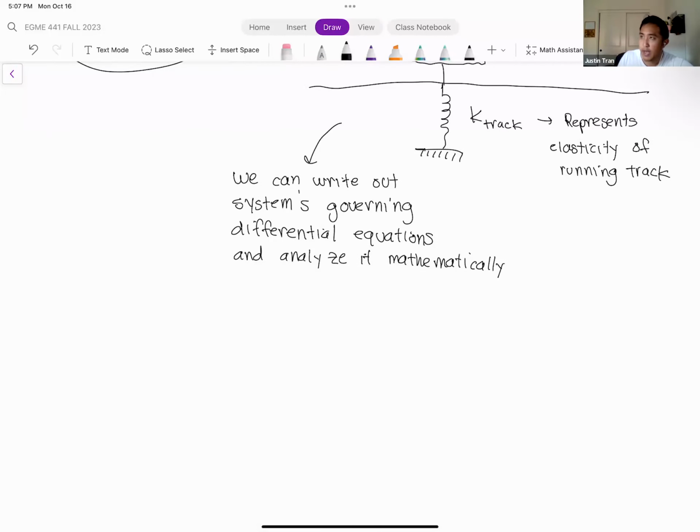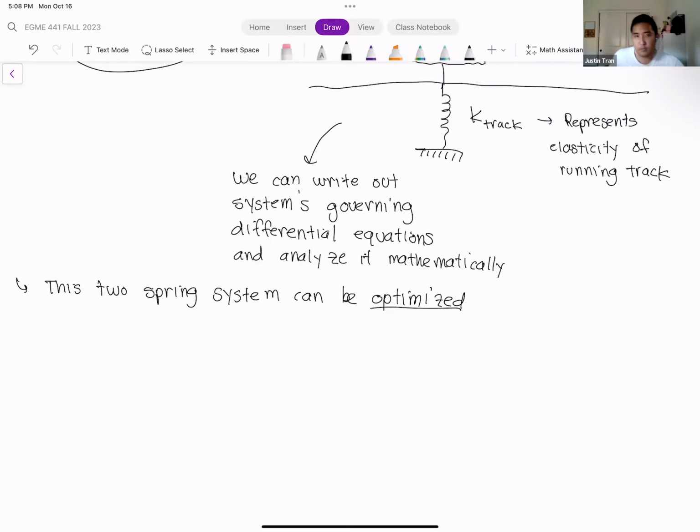So you have two springs and a mass, and you have two governing equations that are based on F equals ma.